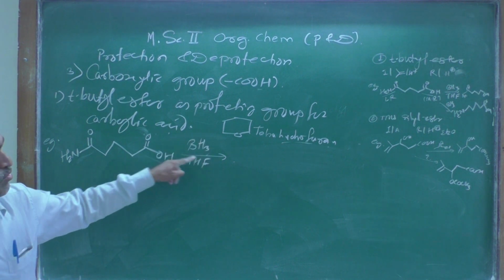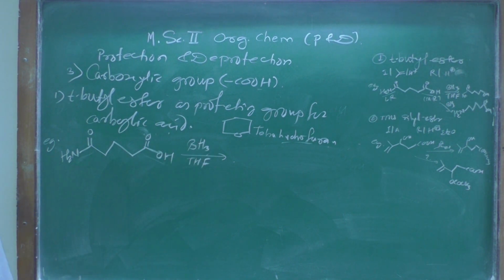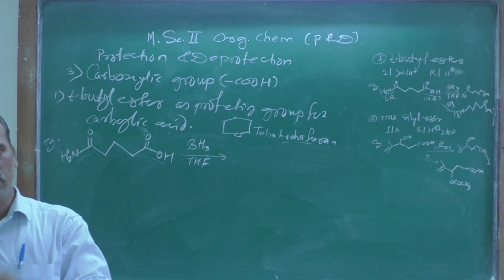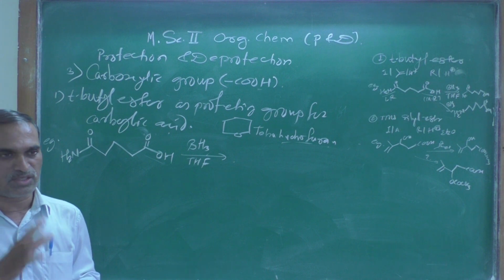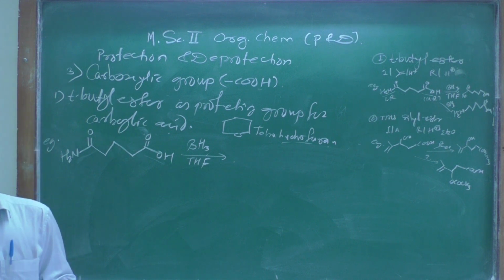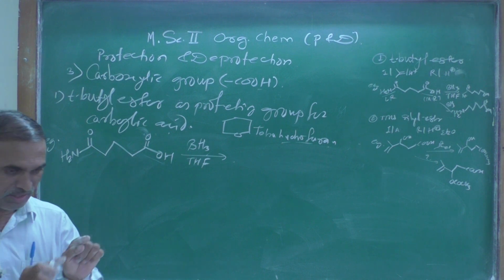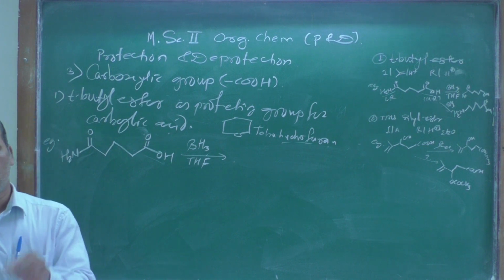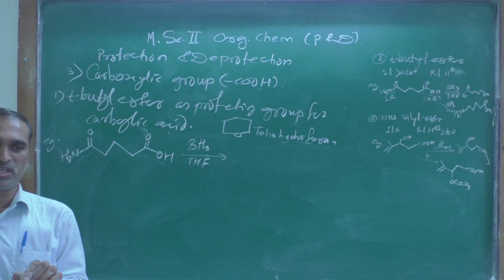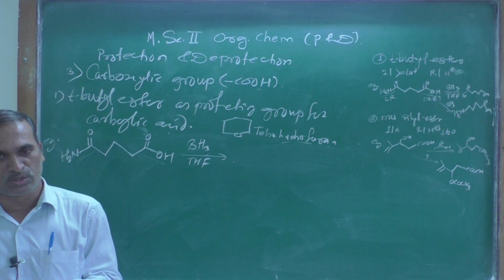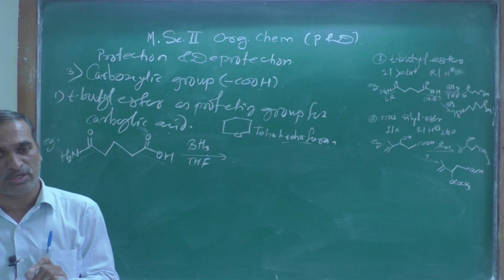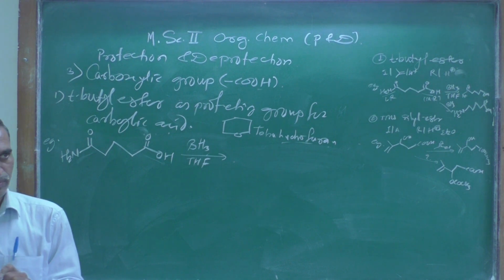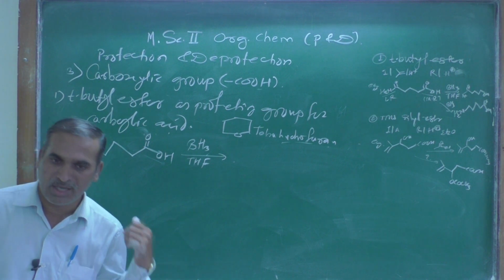So we know that it is a reducing reagent, just like sodium borohydride and lithium aluminum hydride. These are the reducing reagents which can reduce the carbonyl group, but sodium borohydride only reduces the carbonyl group of aldehyde and ketone. It does not reduce the acidic carbonyl group or the amide group.